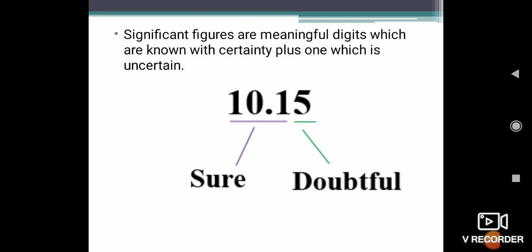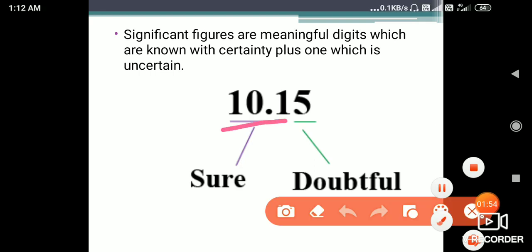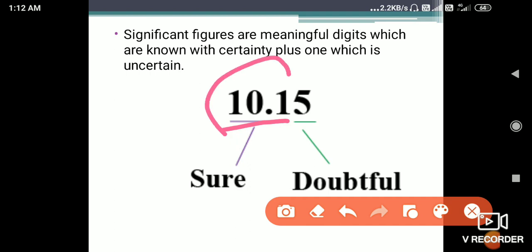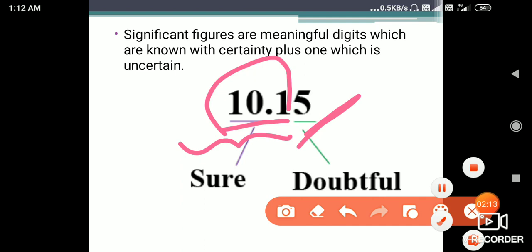If you see this example, there is given 10.15, and the 10.1 is considered as sure, or you can say the certain numbers, and the last digit is considered as doubtful, or you can say the uncertain digit.